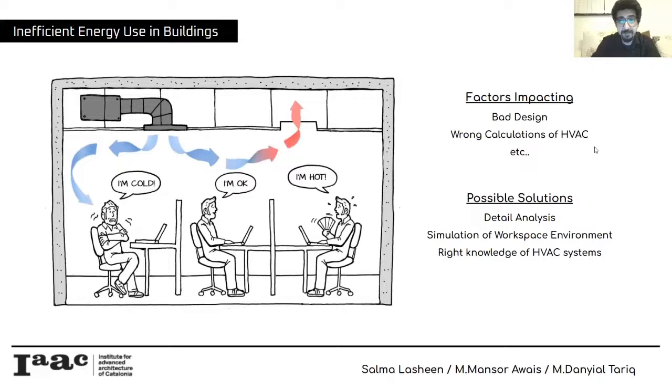The factors impacting this may be bad design, wrong calculations of HVAC, etc. And I think this is a situation which all of us have felt at some place. In bigger rooms or bigger offices, a person sitting away from the air conditioning system may feel hotter than the person sitting just below it. So maybe these are the things which can be optimized.